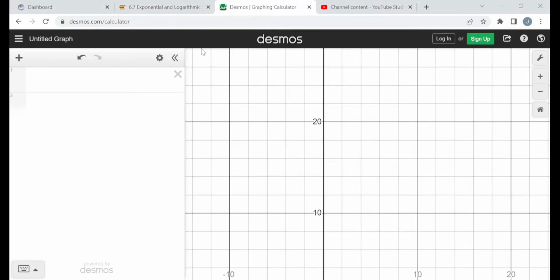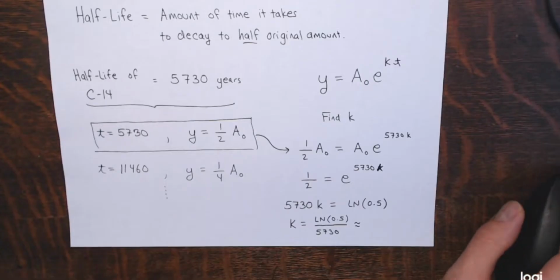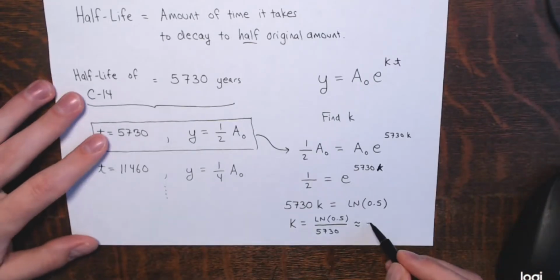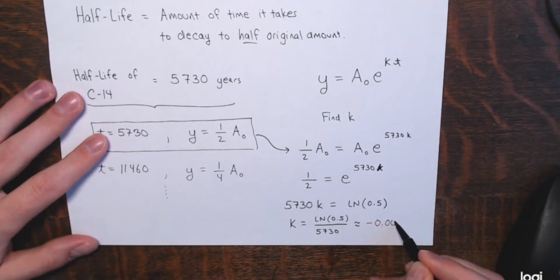You don't have to use the rounded version. So the natural log of 1/2 divided by 5,730. I'll go to 5 decimal places this time, but because the first 3 are 0, negative 0.00012. So approximately negative 0.00012 is the value of K.